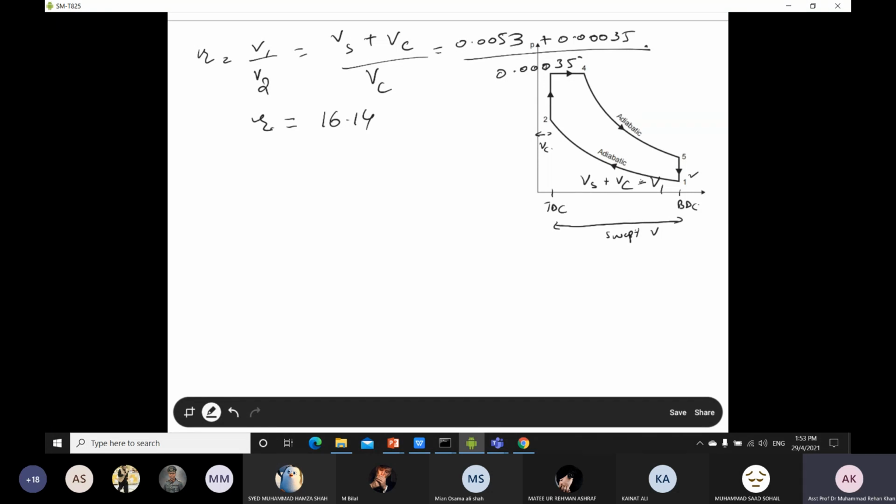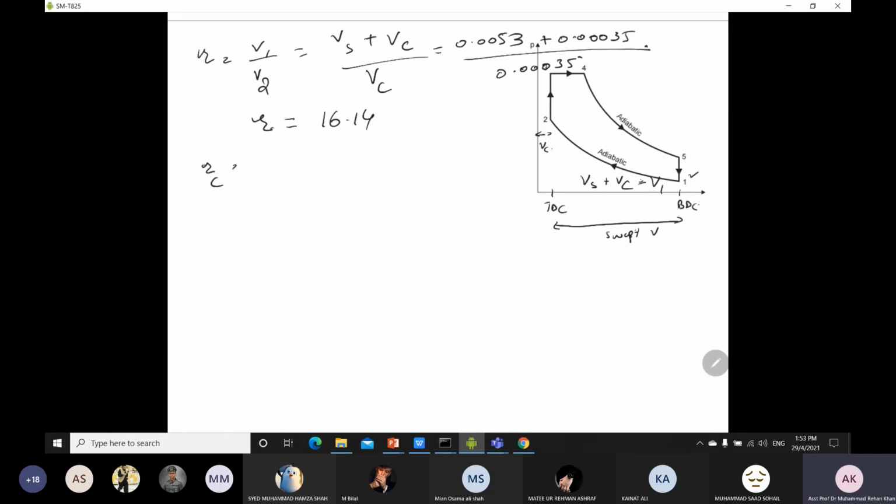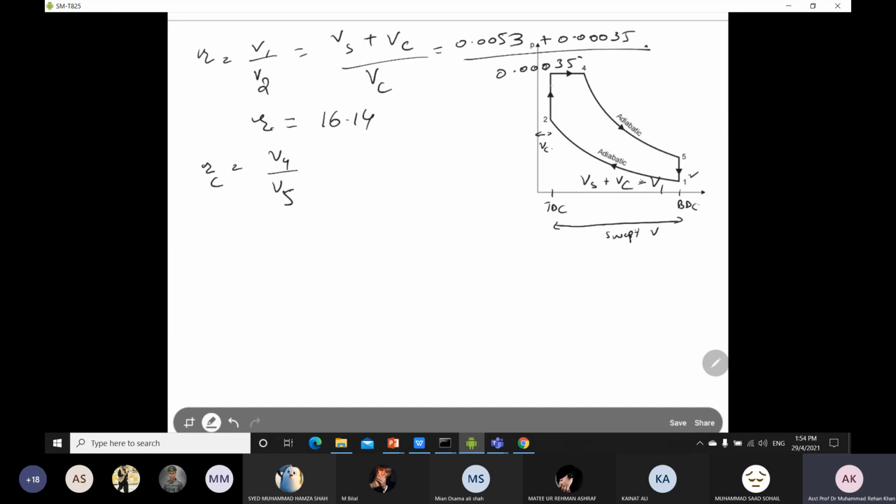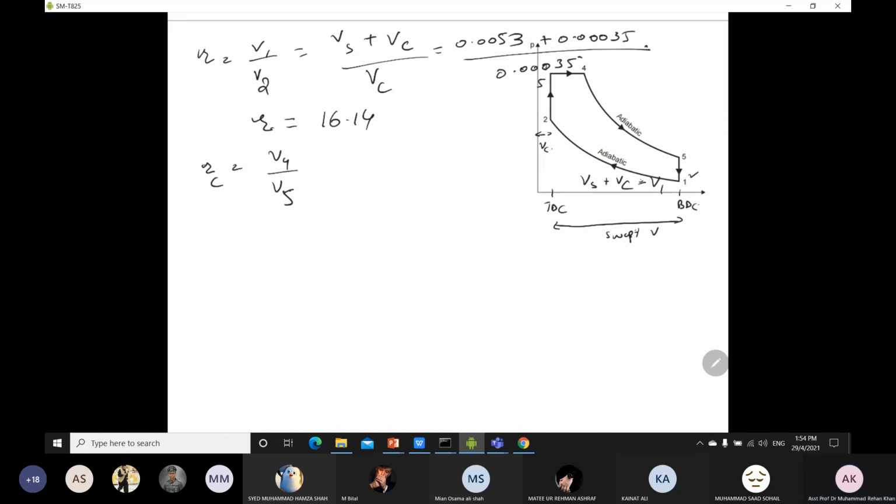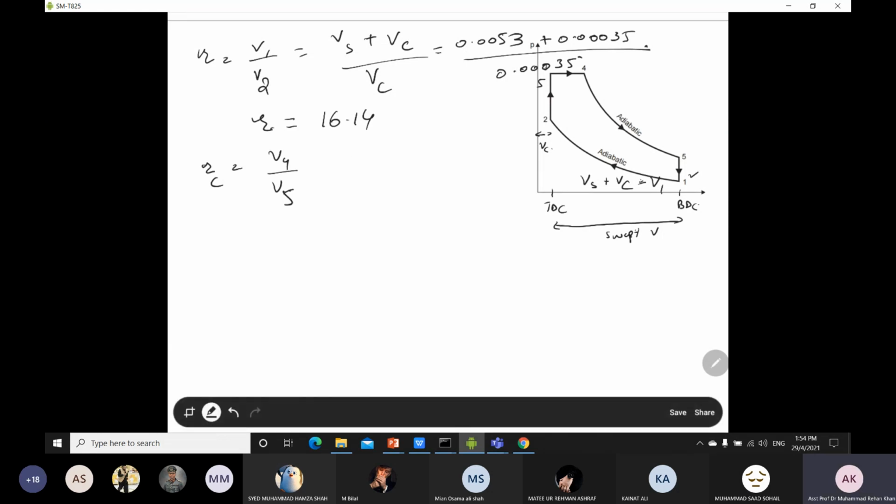Okay, so now here the cutoff ratio is also not mentioned. As you already know, the cutoff ratio is equal to V4 over V3, where point 4 is the cutoff point. In your problem statement it is mentioned that the fuel injection ends at 5% of the stroke. So what does this mean?